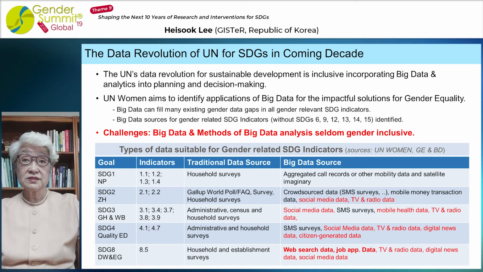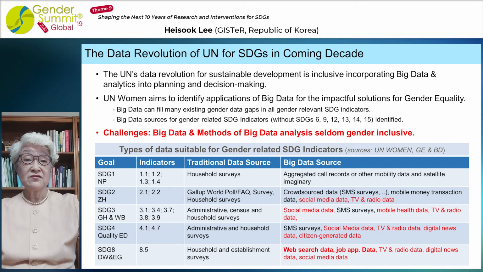Big data sources for gender-related SDG indicators were identified, except for SDGs 6, 9, 12, 13, 14, and 15. The table in this slide shows only a small part of these types of data suitable for gender-related SDG indicators, presented in the report Gender Equality and Big Data: Making Gender Data Visible, published by UN Women in 2018.